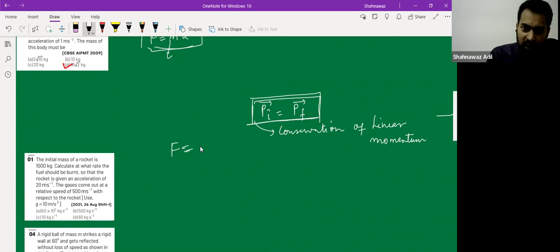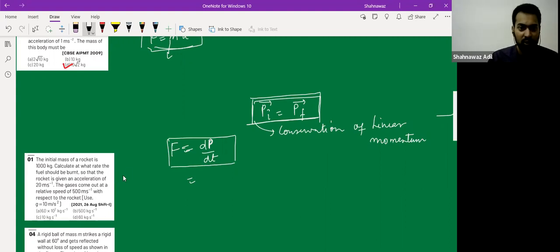Your F was dP by dt, right? So in this rocket question, you use the relative velocity scenario. So the idea is that we use relative velocity.